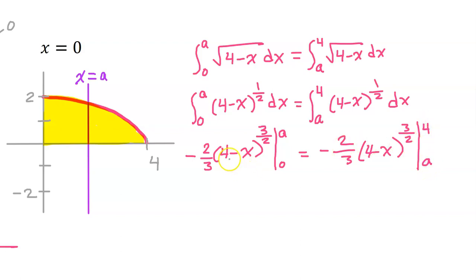So back to the left-hand side of the equation. I am going to leave the negative 2/3 out in the very front. And evaluating from 0 to a means I need to find the value at a minus the value at 0. So this will be 4 minus a to the 3/2 power minus 4 minus 0 to the 3/2 power.